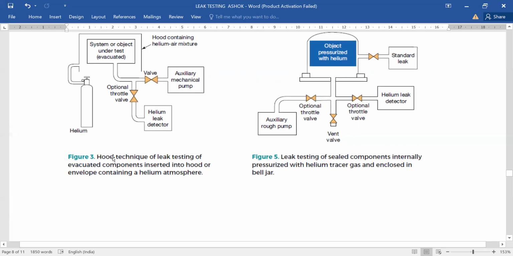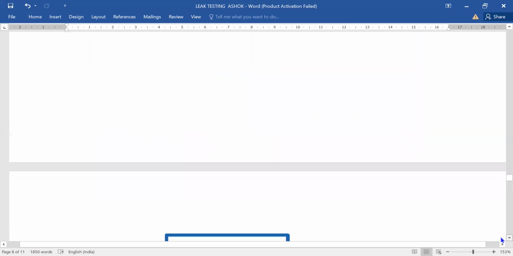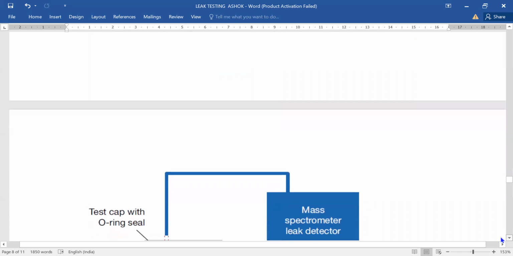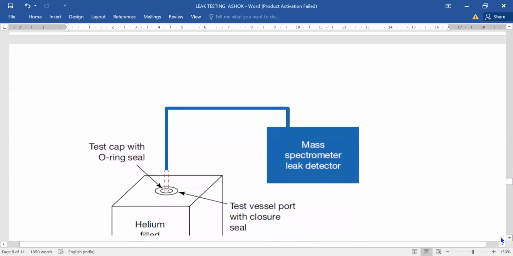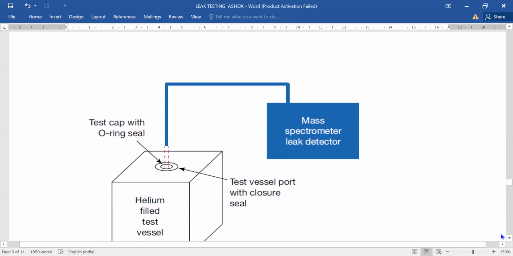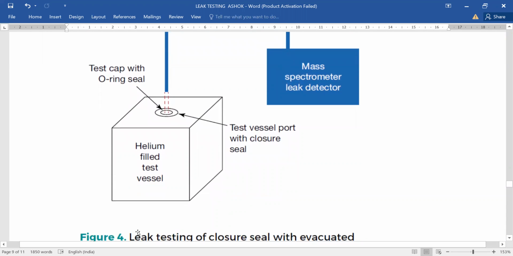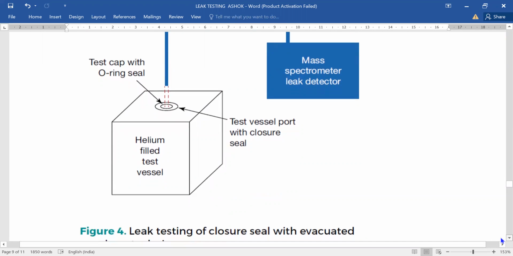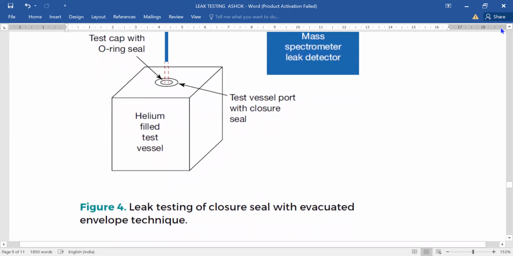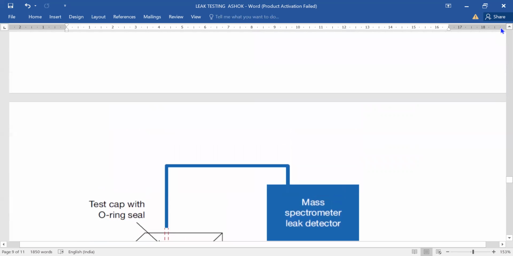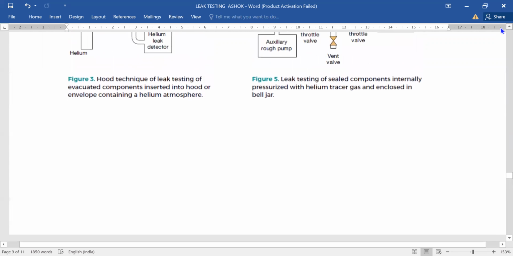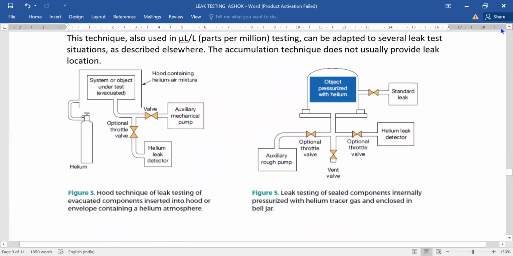This is the bell jar technique. Hood technique of leak testing of evacuated components inserted into a hood envelope containing helium atmosphere. The test cap with O-ring seal, helium filled test vessel, mass spectrometer leak detector, leak testing closure seal with evacuated envelope technique. So this is 4, 3, 4, 5.